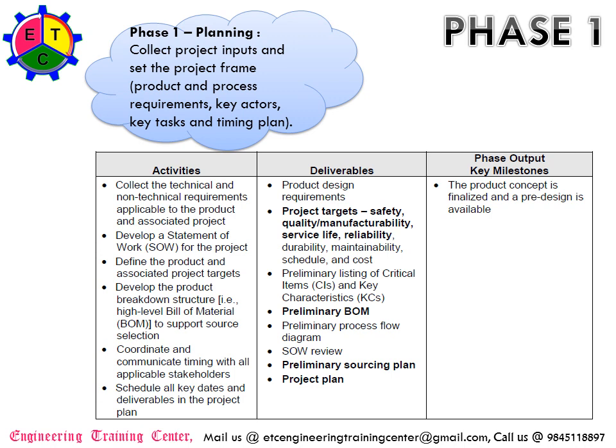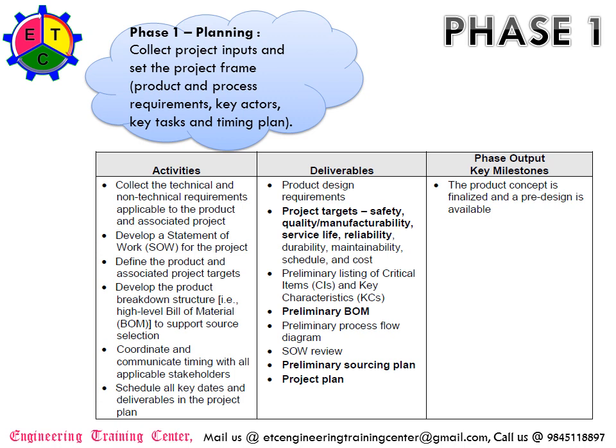So let's look at the deliverables from phase 1. Product design requirements: your product design requirements are finalized and frozen based on the customer requirement and customer review, with the key technical information and non-technical requirements. And then the second one would be project targets.